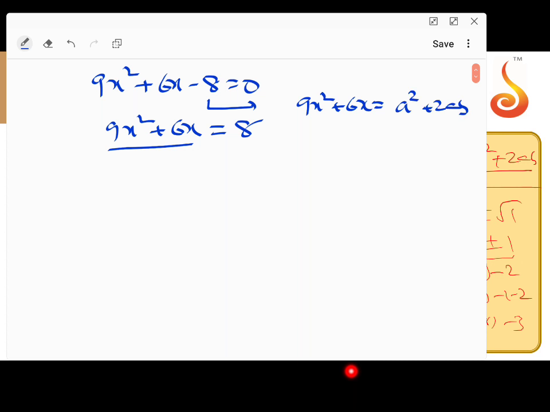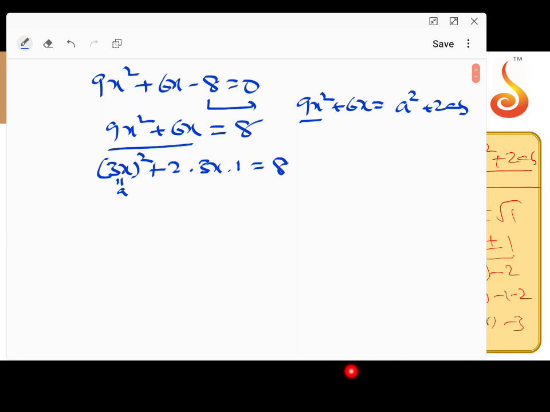Here we want a square: 9x square you can write as 3x whole square. Now this is 2ab, and a here is 3x. We want one more term. If you multiply 2 and 3, you get 6x, so you can take 1. That equals 8.